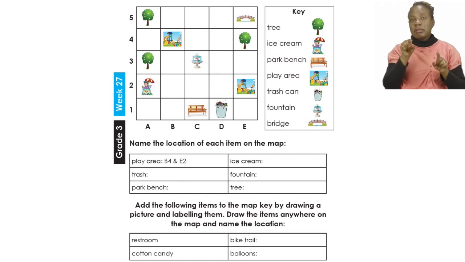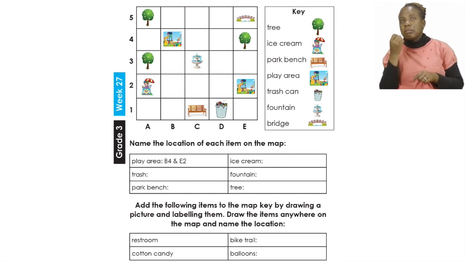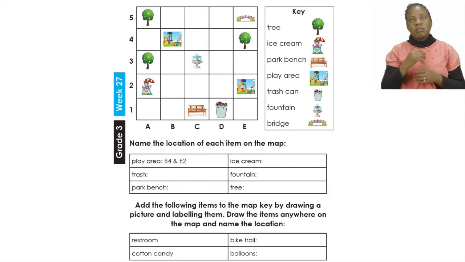The key means that each picture represents something. There you see a tree, ice cream, a park bench, play area, a trash can, a fountain, and a bridge. Then in your grid, you will see all these different pictures in different blocks.